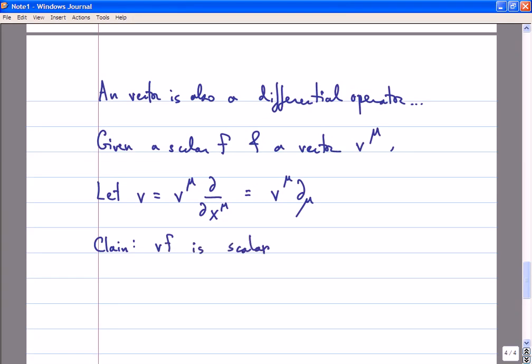So this is a nice thing to think about because it takes scalars to scalars. It's a differential operator that takes a scalar to a scalar. So let's check that. vf is v mu d by dx mu of f.